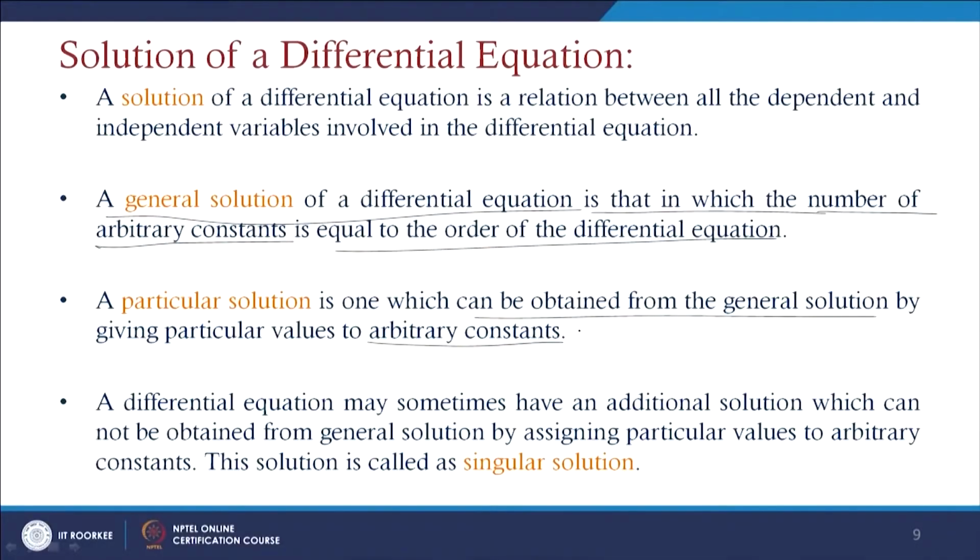So, sometimes an additional solution exists which can be added to the general solution but cannot be obtained using particular values of the arbitrary constants, and this is especially called a singular solution.